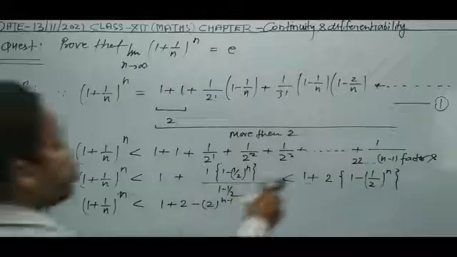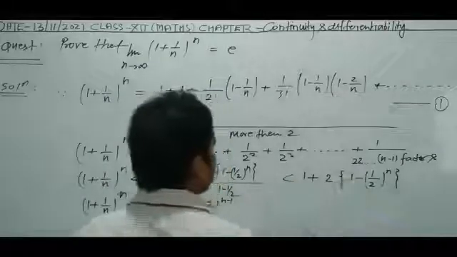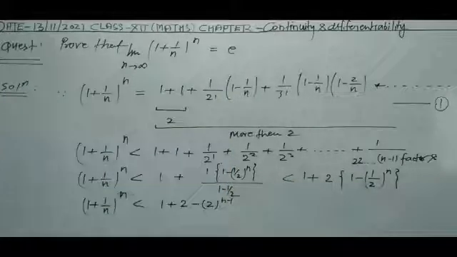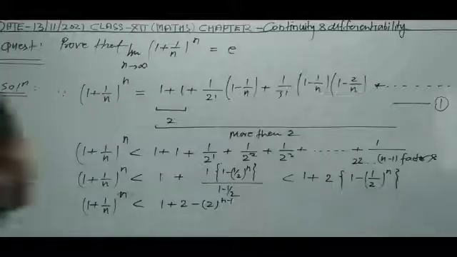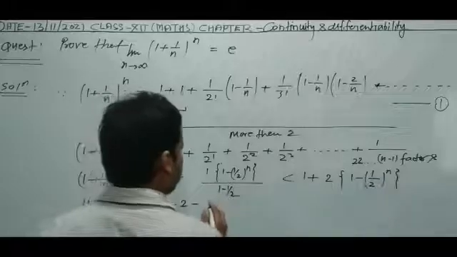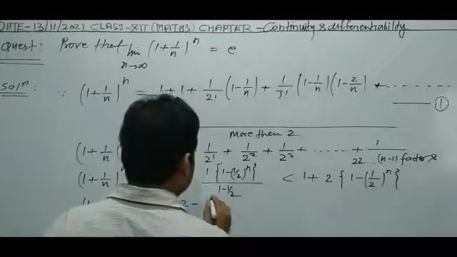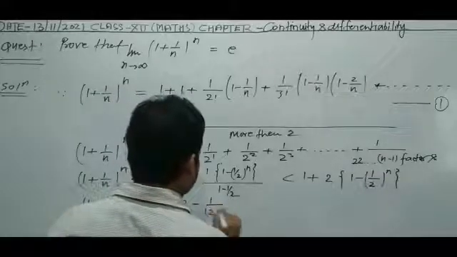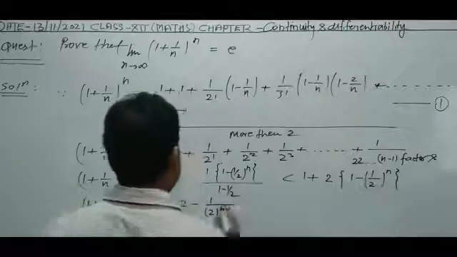This is 1 upon 2 to the power n, so 2 to the power minus n and 2 to the power minus n minus 1 multiply, and the result will be 1 upon 2 to the power n minus 1.